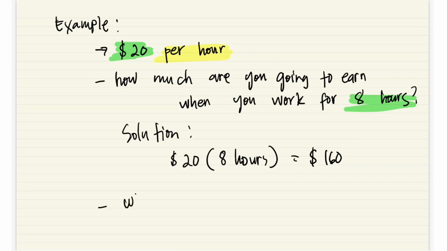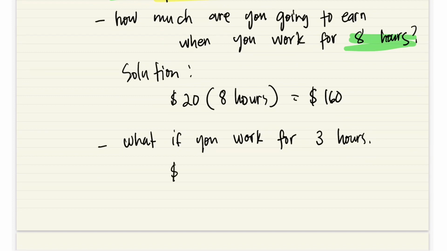Next, what if you work for 3 hours? Again, you multiply $20 times 3 hours, which equals $60.